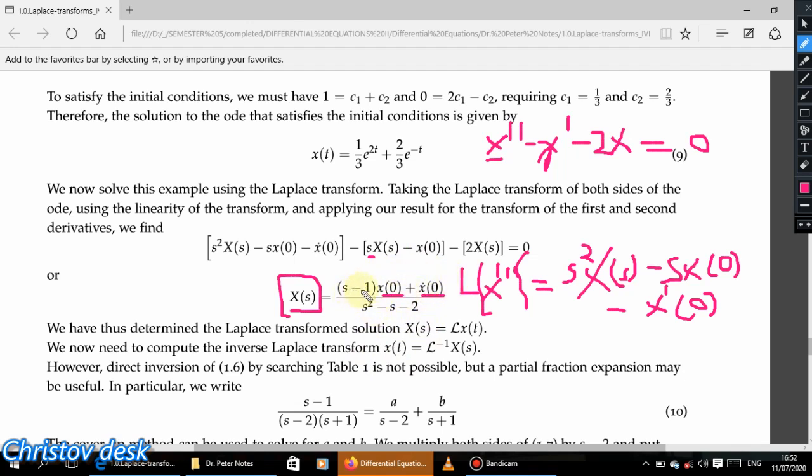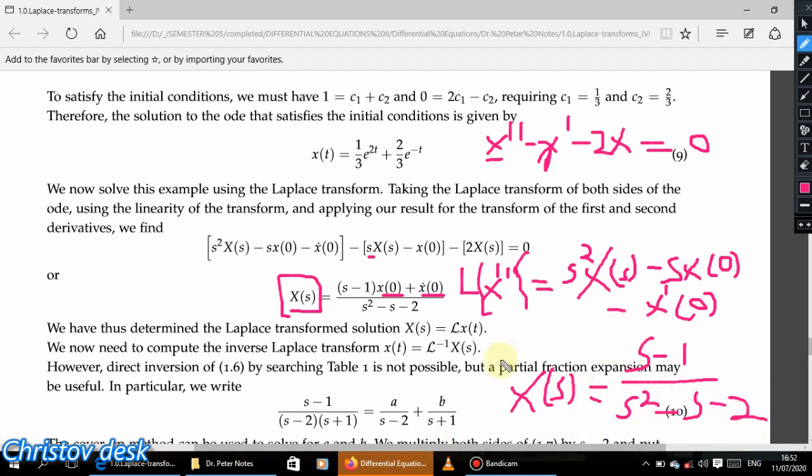So the top becomes s minus 1, and capital X of s now becomes s minus 1 all over s squared minus s minus 2. So this is what you have.